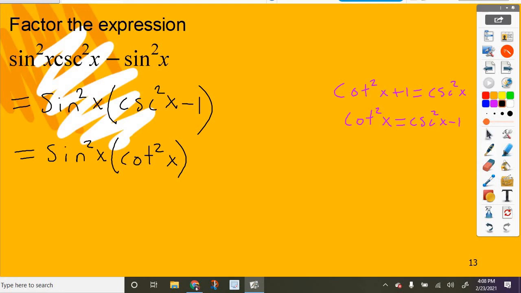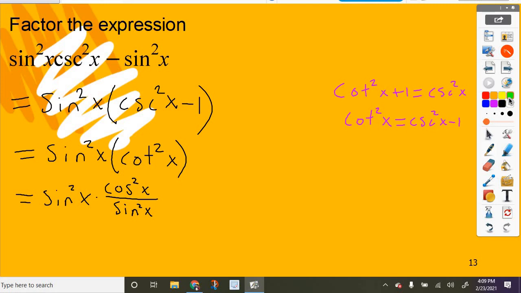However, hopefully we recall that I said anytime we see a cotangent or a tangent, and I also have sines or cosines, usually we want to see if using our quotient identity would help us reduce. So in this case it does, because remember that cotangent is cosine divided by sine. And since it's cotangent squared, it'll be cosine squared divided by sine squared.